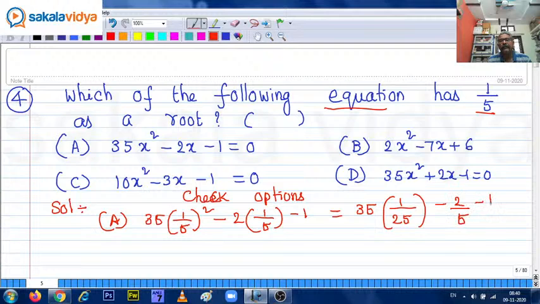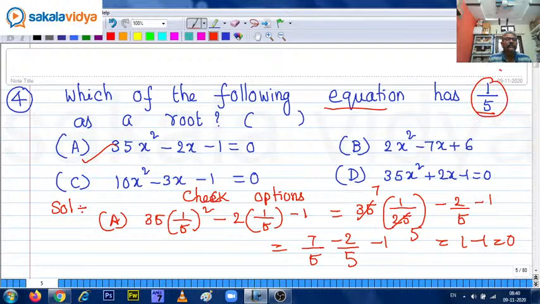This is 7 by 5 minus 2 by 5 minus 1. This equals 7 minus 2, 5 by 5, 1 minus 1, 0. Yes, it satisfies this equation. So that means 1 by 5 is one of the roots of 35x square minus 2x minus 1 equal to 0. A is the option.